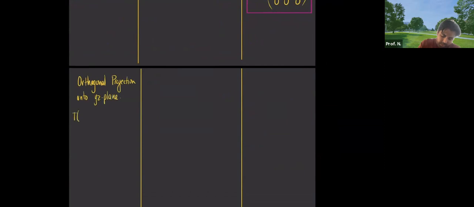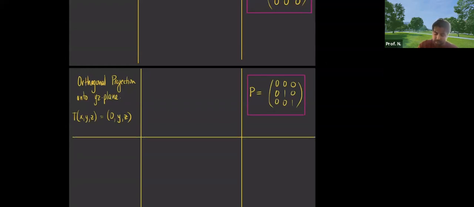So again, onto the YZ plane, that means that all the X coordinates become zeros. And so the standard matrix for this one would be, the first column would be zeros and everything else would be looking just like the identity. And what would that look like?